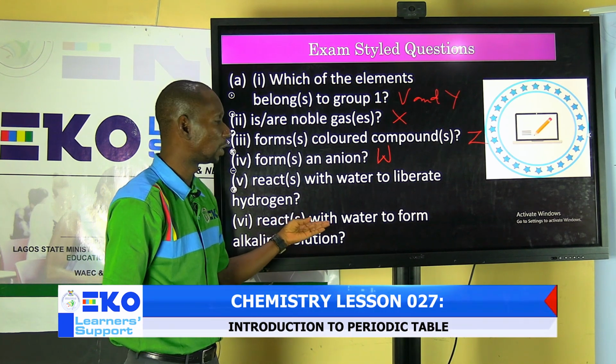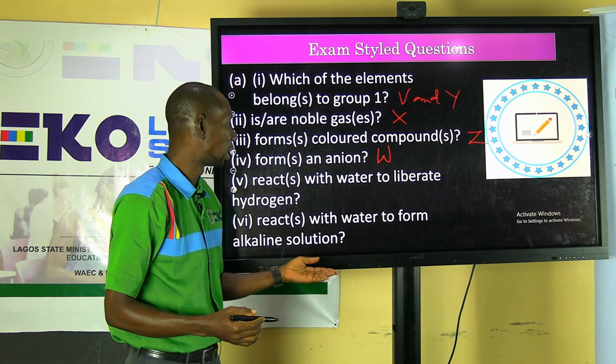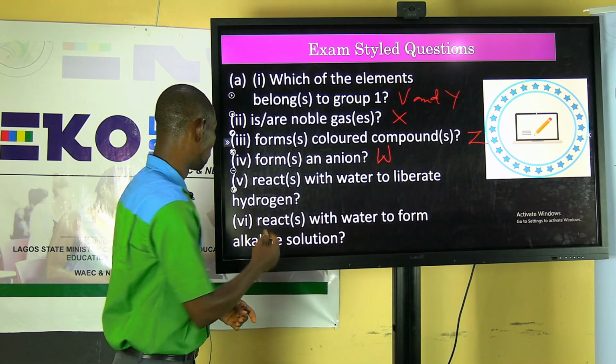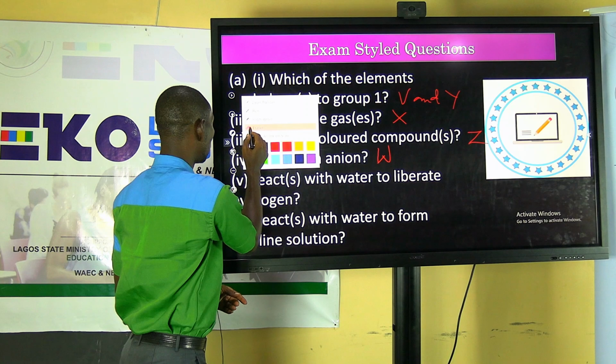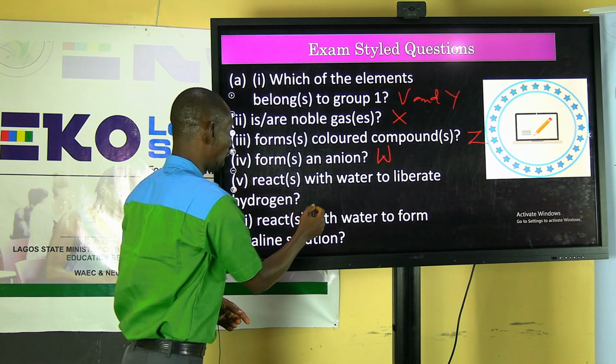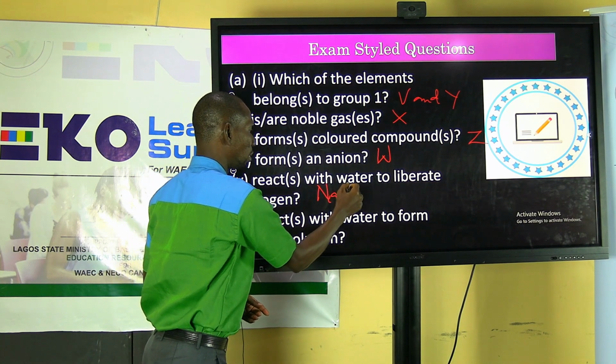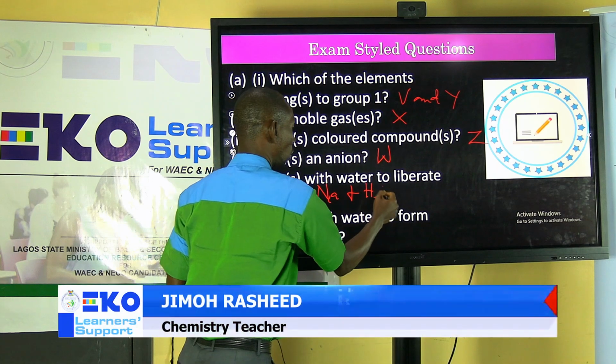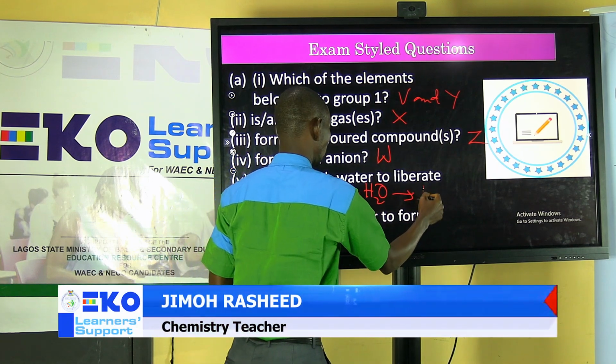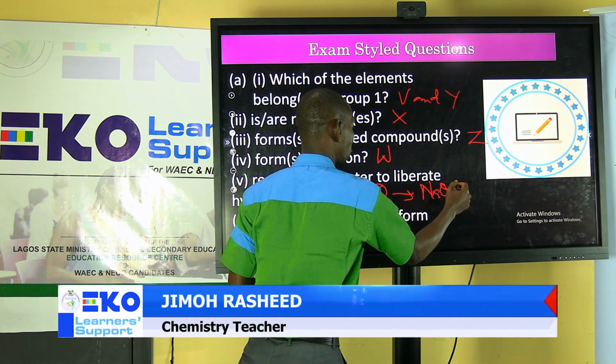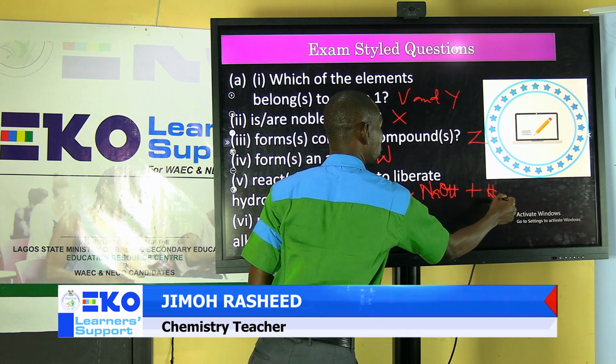They are so reactive that when you drop them in water, they liberate hydrogen gas. You might want to quickly look at that reaction, but we are going to learn more about that in subsequent classes. Okay, that will give sodium hydroxide and liberate hydrogen gas.